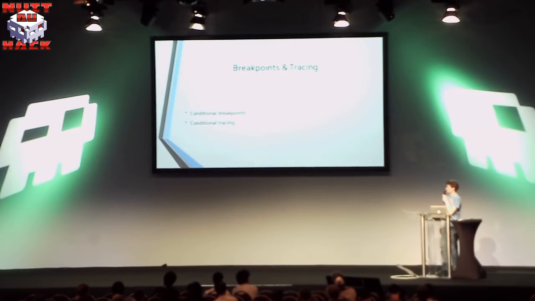But with one command, you can just call whatever C++ you want, so you can do anything you want with breakpoints, basically. And there's pretty simple conditional tracing, so just step until EAX equals 0, and then it will stop. This can be useful, for example, if you need to find a spot where you know something's going to happen, but you cannot really know where it is exactly. I will show something in the demo.